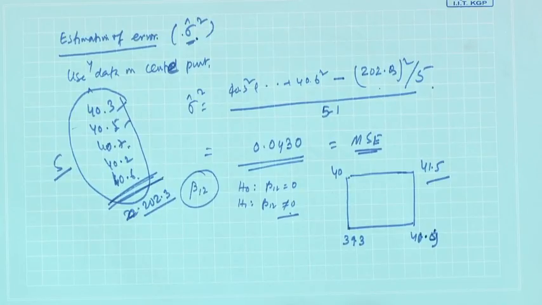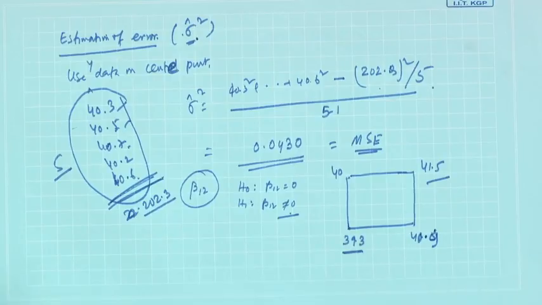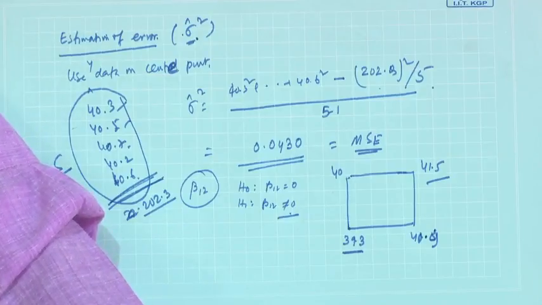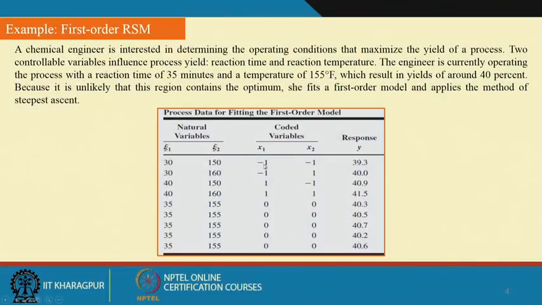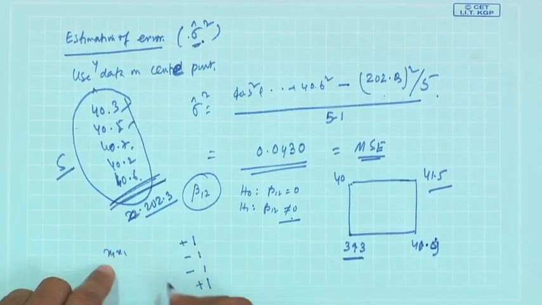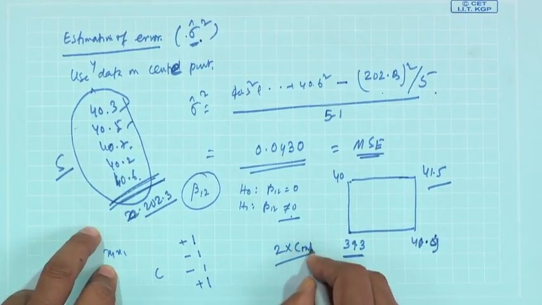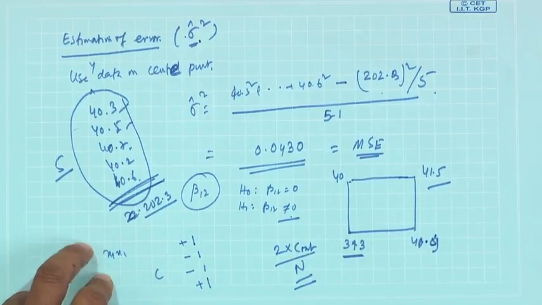So, the interaction effect will be accordingly, or the other way, you know, the contrast. Please see these factorial points. The contrast for x1 x2 will be +1, then -1, then -1, then +1. Once you know this contrast, the effect will be contrast divided by 1/2 into n, where n is the total number of observations.